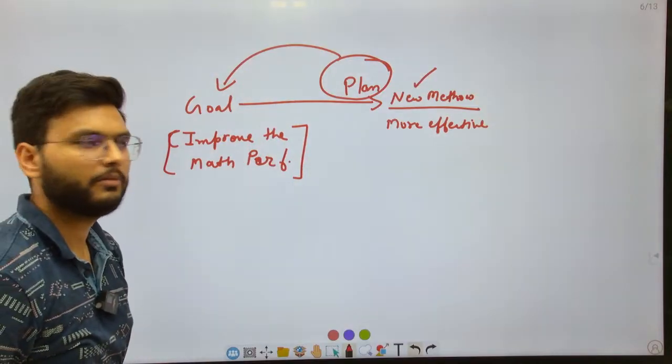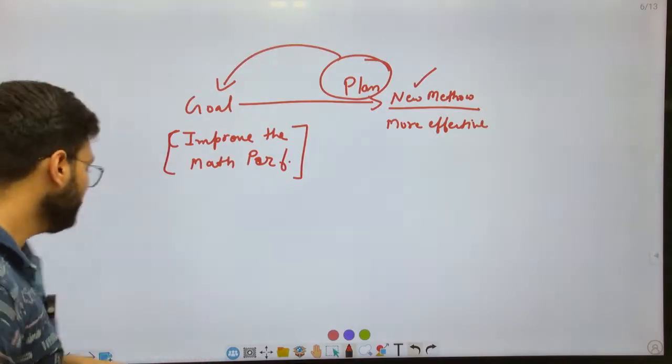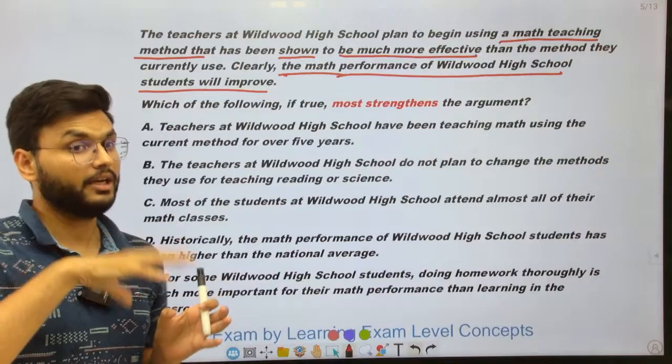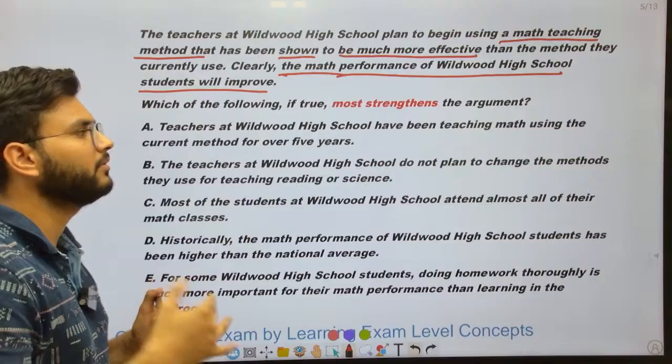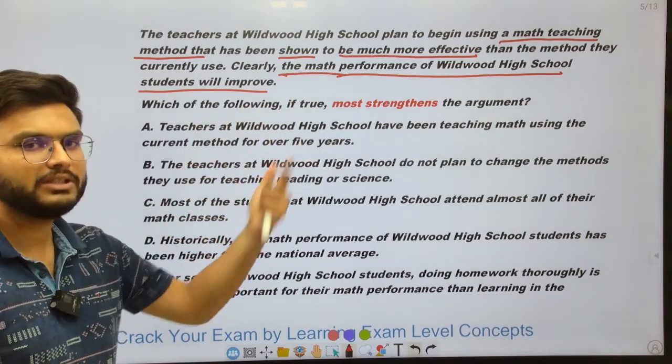What was my goal? Improve the math performance. Now, let's look at the option choice which gives me a reason to believe that when you use this method, automatically the students' performance will increase. Okay, this is what support or strengthen means.